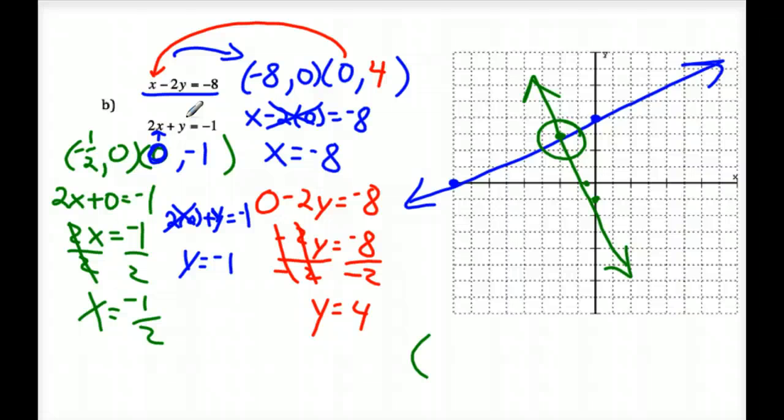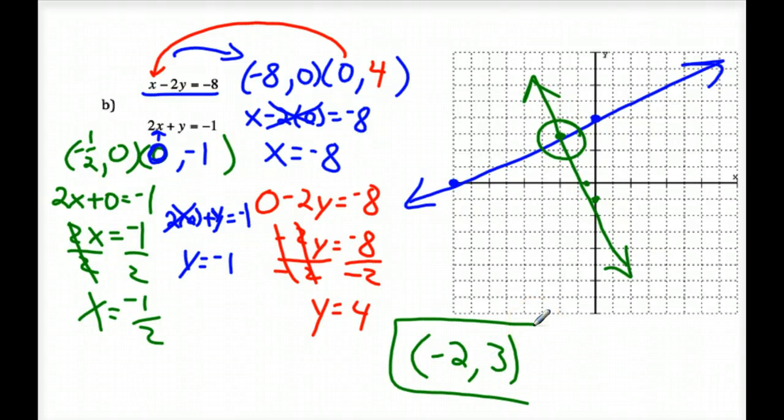Riley, what point is that? How about -2 comma 3? Yeah. Because the x value is -2. -2 comma 3. And take the time, guys, to check it into both points. -2 minus 6 should equal -8.